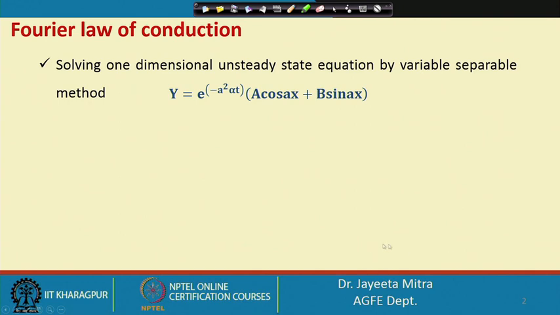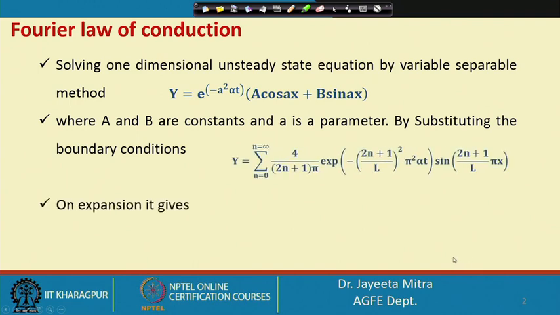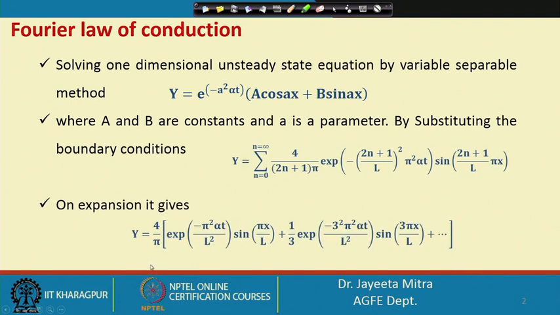So, the solution was this, and using the boundary condition we have found that y is equal to 4 by pi exponential minus pi square alpha t by L square into sin pi x by L. So, let us see the terms here.